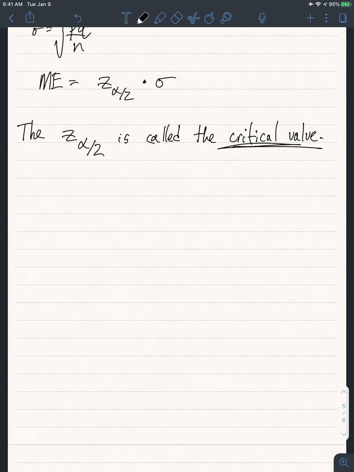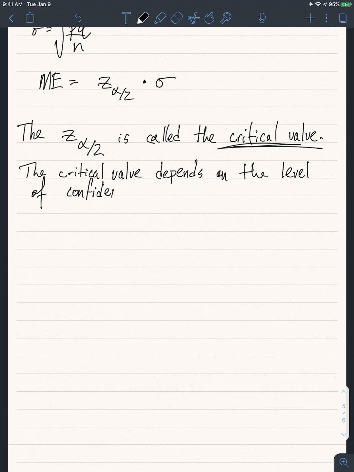And the critical value depends on the level of confidence set at the start of the problem.